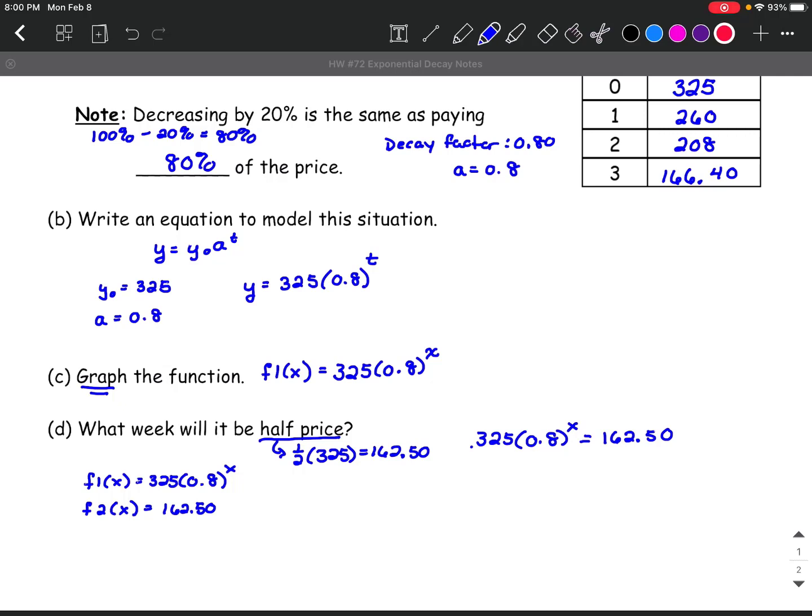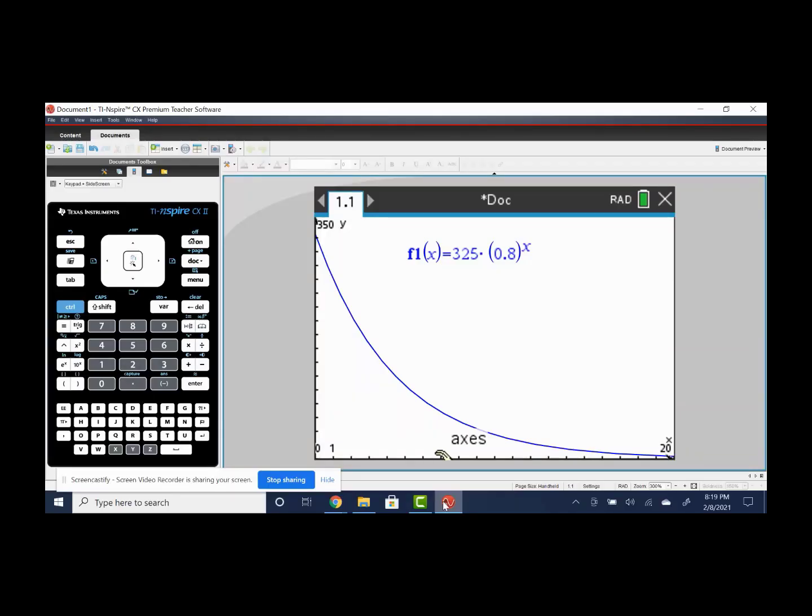Okay, remember, anytime you have an equation, you can solve it by putting one side in f1 of x, put the other side in f2 of x. All right, let's go see what our calculator says. Okay, so if we want to find when the item will be half price, we already have our function in f1. I'm going to tab up. I'm going to put the half price, which is $162.50, into f2.